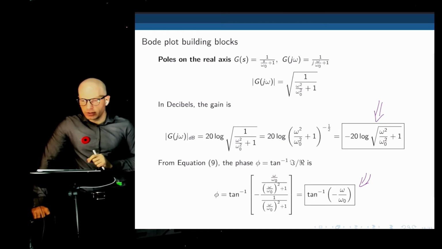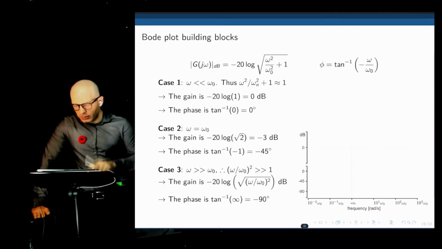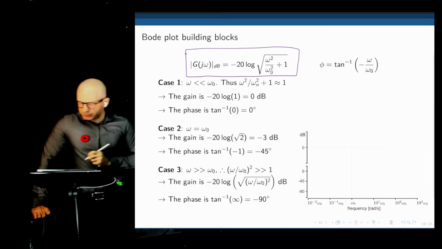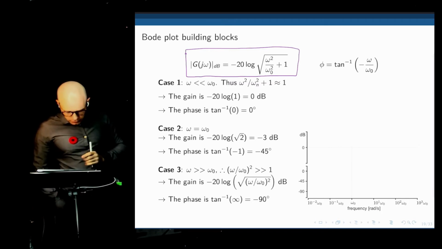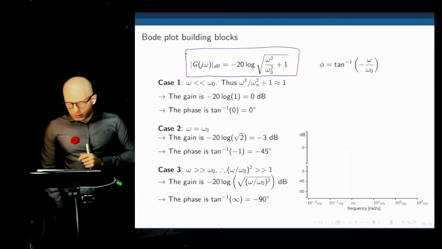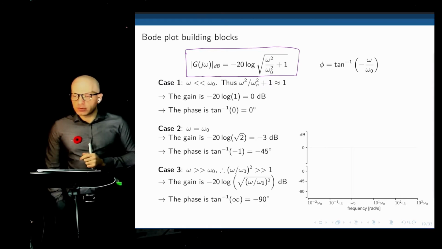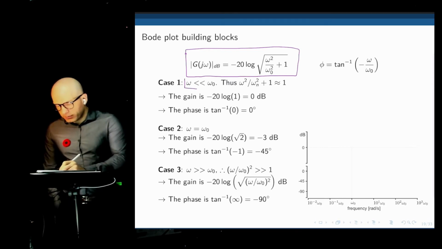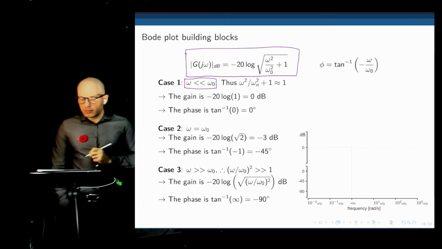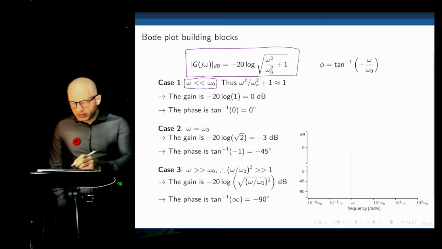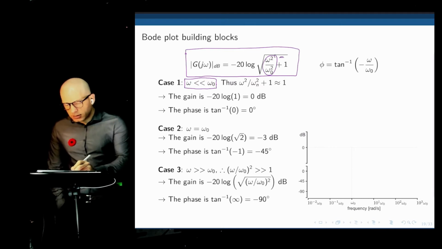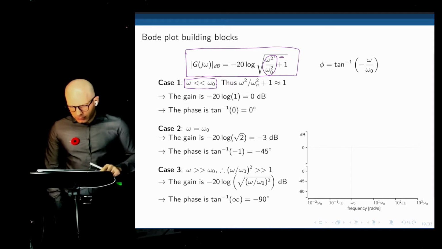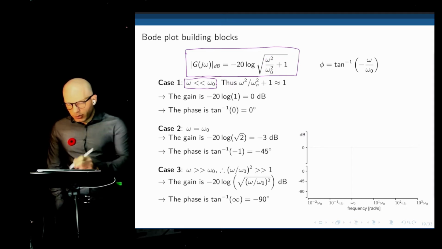Now let's analyze each of them individually. Let's start with the magnitude first. Now we have to distinguish three different cases. The first case is when we are evaluating the system at a frequency that is much lower than the cutoff frequency. In this case, ω is much smaller than ω0, which means that this first term tends to 0, and we are left with simply 1 in the square root.